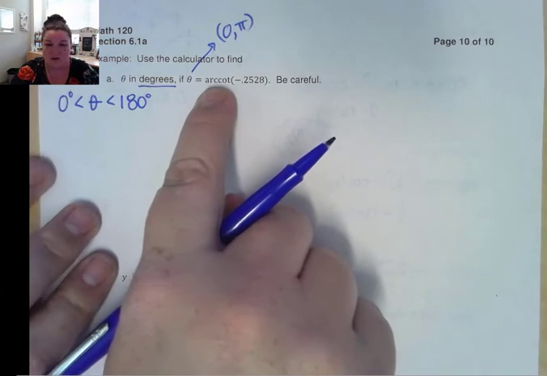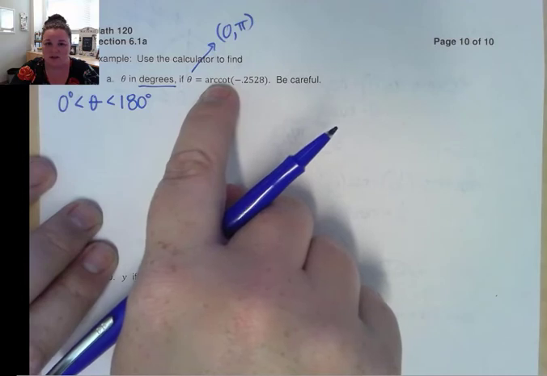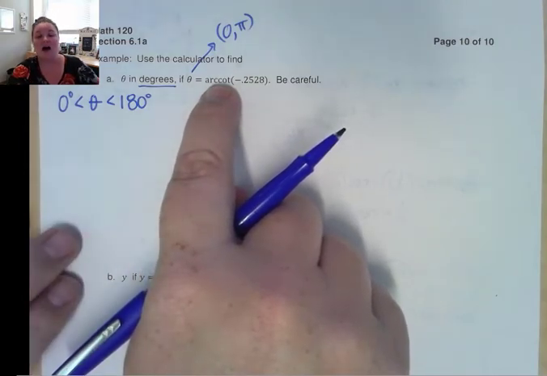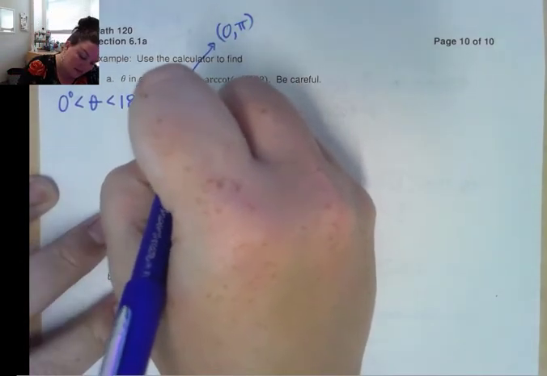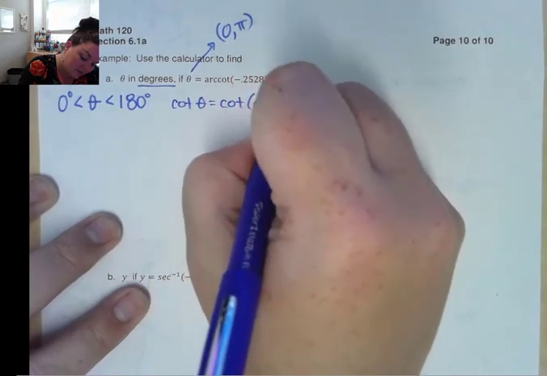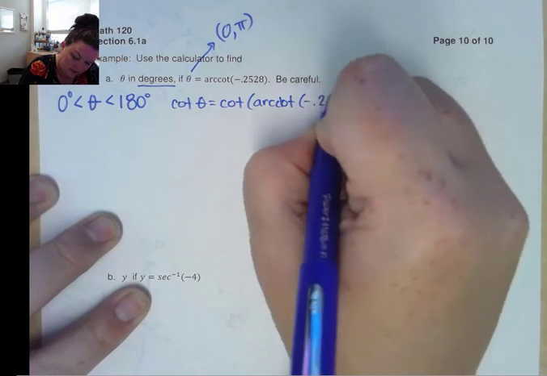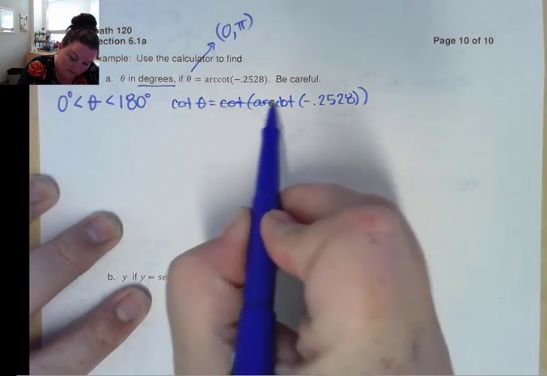Okay, all right, so let's think about how I would solve for this. First thing is I want to get rid of arc cotangent because that's not something helpful that I can look up. So to get rid of arc cotangent, which is the inverse of cotangent, I want to go ahead and take the cotangent value of both sides. So that gives me cotangent theta is equal to cotangent arc cotangent of negative 0.2528.